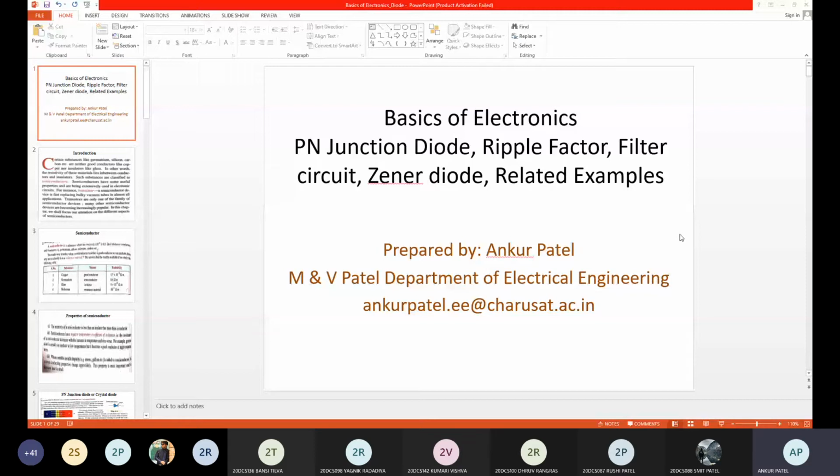Full-wave rectifier is classified into full wave center tap rectifier and full wave bridge rectifier. We'll see the operation of both and we'll find efficiency of full wave rectifier. Then we'll see ripple factor.